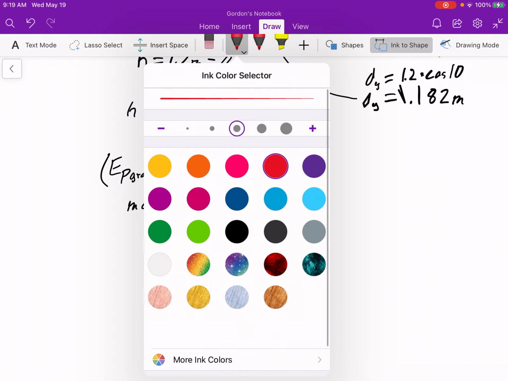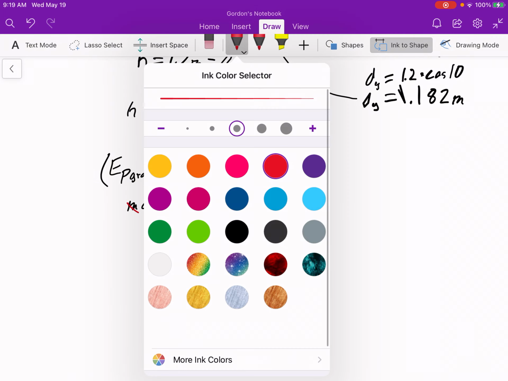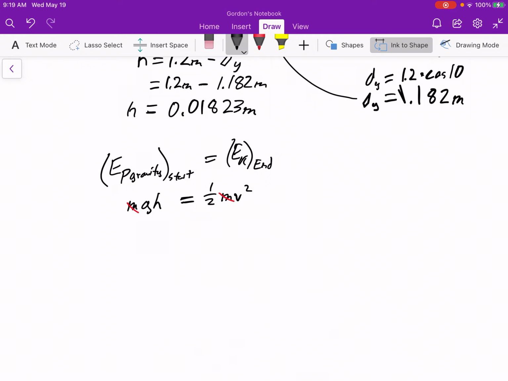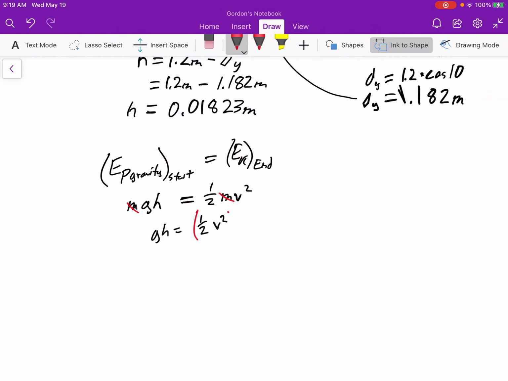So again, here we're going to have to cancel out the masses. So gh equals 1/2 v squared. Multiply both sides by 2. Just going to cancel out the 1/2. And then we'll square root both sides. So the square root of 2gh is going to be equal to our speed.